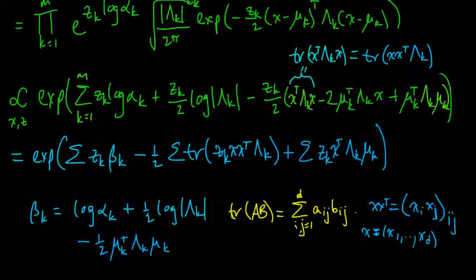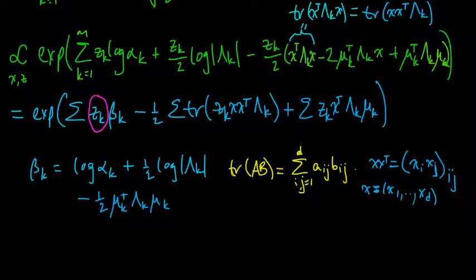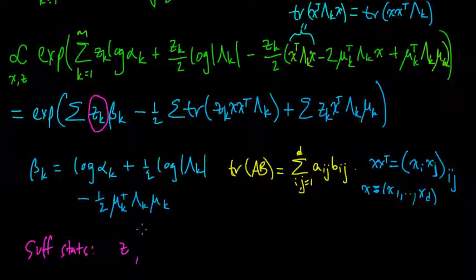And we can go ahead and read off what the sufficient statistics are. The first set of sufficient statistics is the vector z, that's this part. So the sufficient statistics are z, or all the elements of z. And then we have zk x transpose, which is a matrix, but all the elements of it are included among the sufficient statistics.